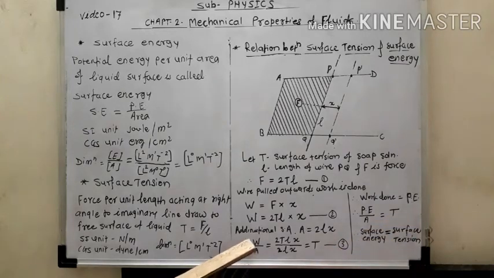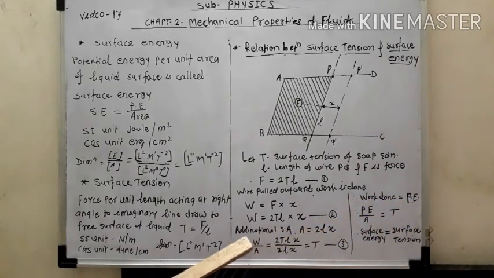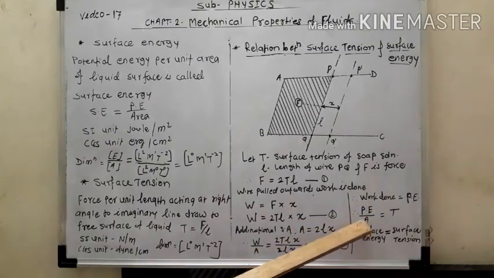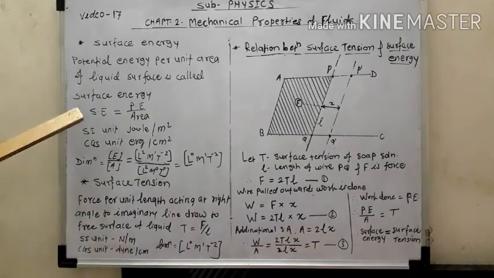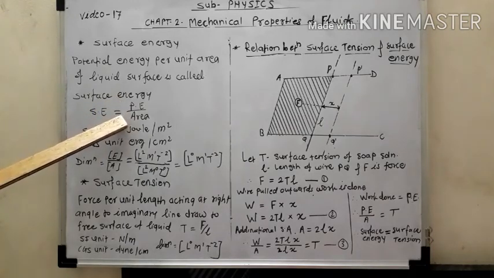Now see here, instead of W, the work done, which is always in the form of potential energy, we can write the potential energy upon the surface area, and this is equal to T. Then what is meant by the potential energy per unit area? The surface energy is nothing but potential energy per unit area.